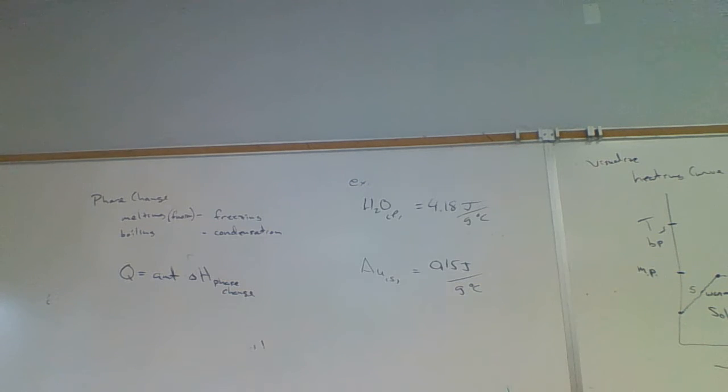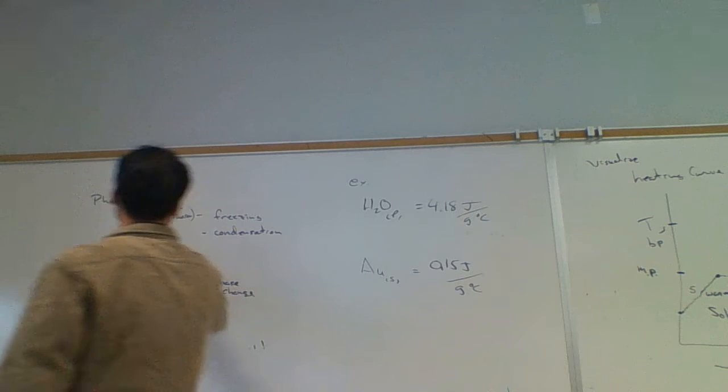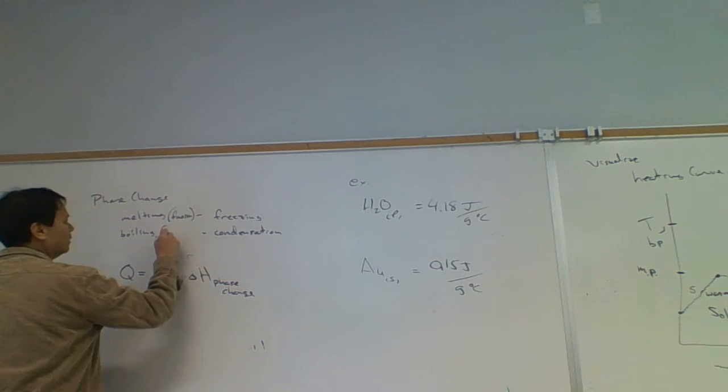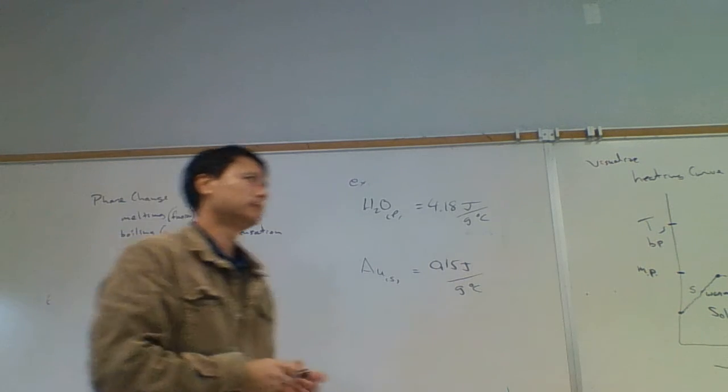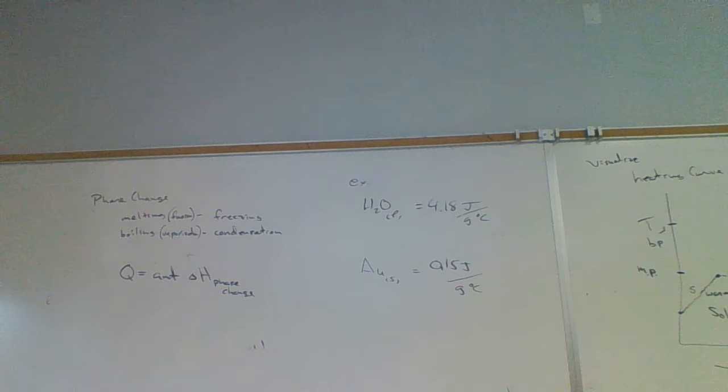Okay, now let's take a look at vaporization. Vaporization is boiling. So this is the delta H of boiling. This is the amount of heat it requires to boil a gram.